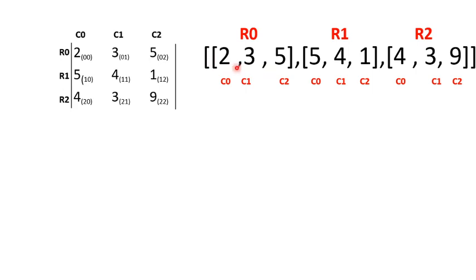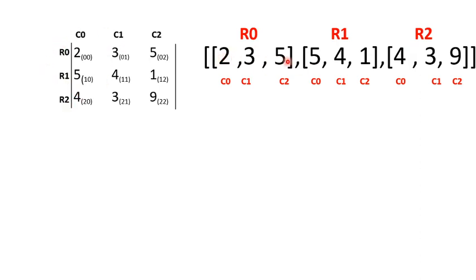So if we calculate the length of this, length means total number of elements, and there are 1, 2, and 3 elements. So if we calculate the length of that, it will be 3. Okay, which tells us there are a total of 3 rows.